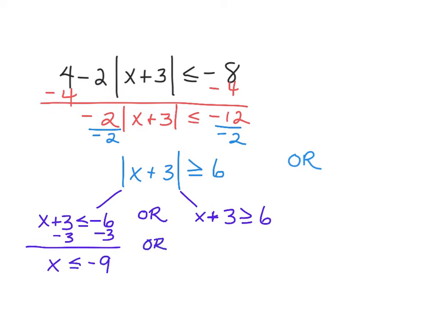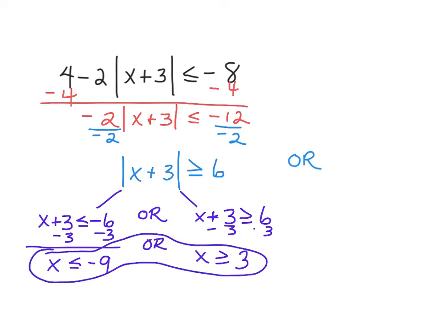Or, subtracting 3, x is greater than or equal to 3. And there's my solution: x is less than or equal to negative 9, or x is greater than or equal to 3. Remember to include that word or in your answer, and I should graph. Here's my negative 9. Here's my 3. Closed circles that way. And remember my rule of thumb: ors generally look like that. And this one does.